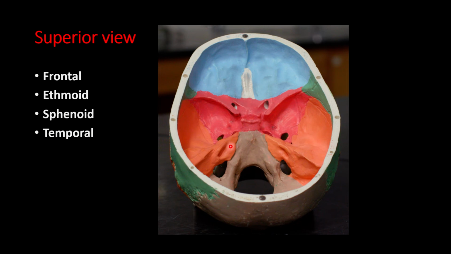Temporal bone, this is temporal bone, orange color, and this one, so there's two of them. Occipital bone, this light brown, this is the occipital bone. So this area you see it from outside. This is the parietal bone, part of the parietal bone.